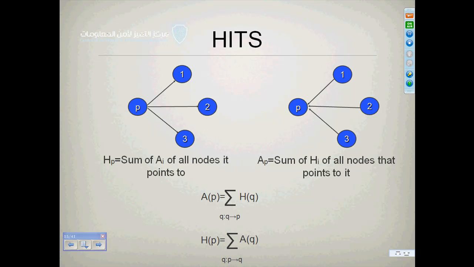Since this algorithm is topic specific, the way the method works is that you try to pick some seed pages, called a seed set. You need to create a seed set of pages that you know are, for example, good authorities or good hubs.